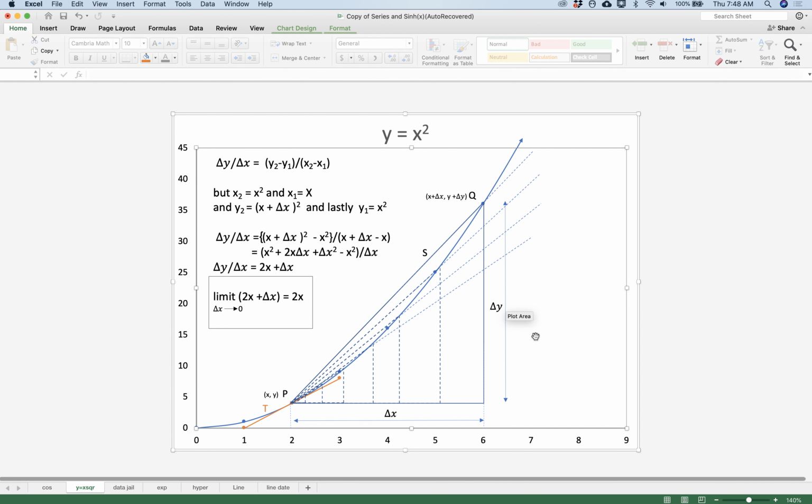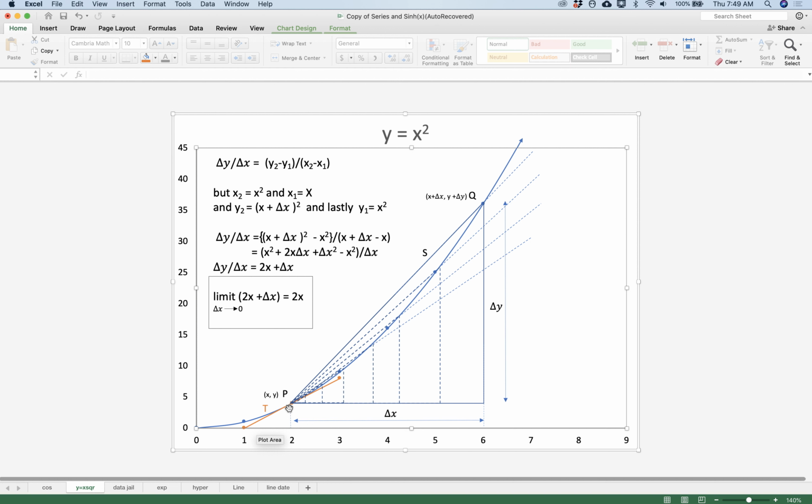And as you can see here, when we apply delta y over delta x in an arbitrary way around, let's say, a point P that we're interested in, and here at the point P, we have the tangent line.